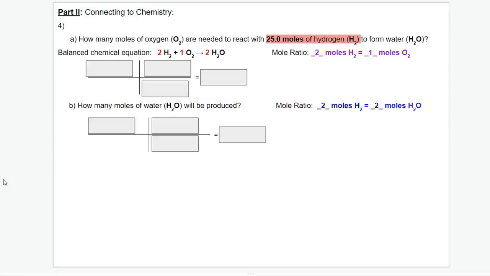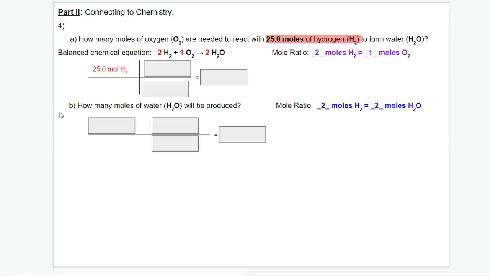So now I'm going to start by filling out my factor label grid. I start with my given. I've been given 25.0 moles of hydrogen. Now remember, it's very important that you tell me not just that it's moles, but moles of what?